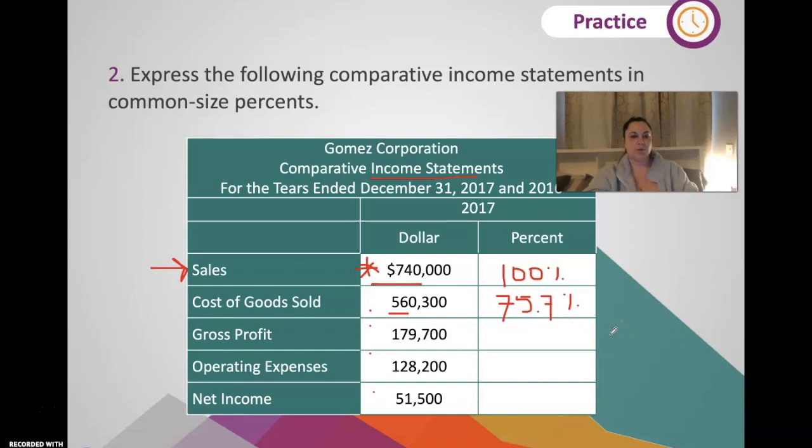Okay, gross profit, we're going to do 179,700 divided by the base of 740,000 times 100 to turn into a percent, or just move the decimal place over. Get 24, and I'll round 24.3%.